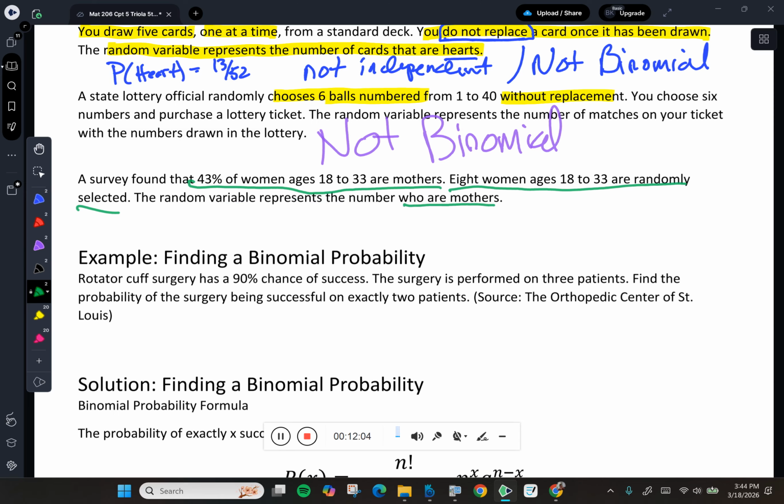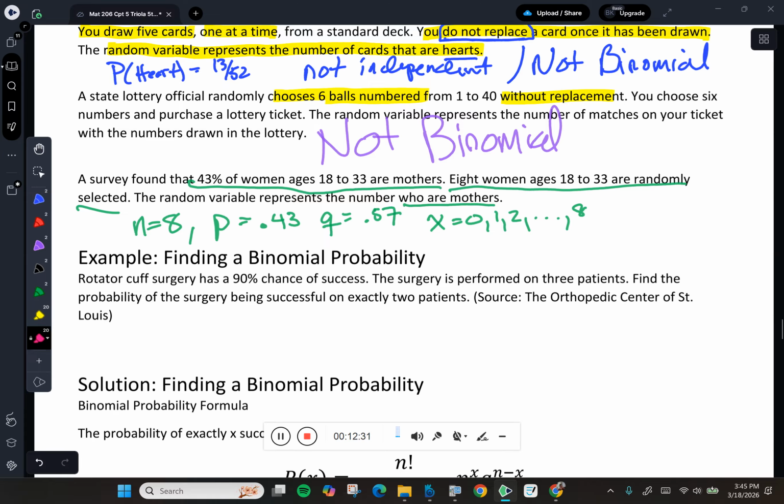So this looks binomial to me, with an n of 8, a probability of success, meaning they will say they are a mother, of 0.43, which means that failure would be 0.57. And it looks like x could be 0 or 1 or 2, all the way out to 8.